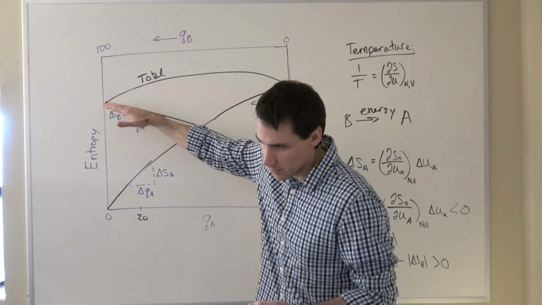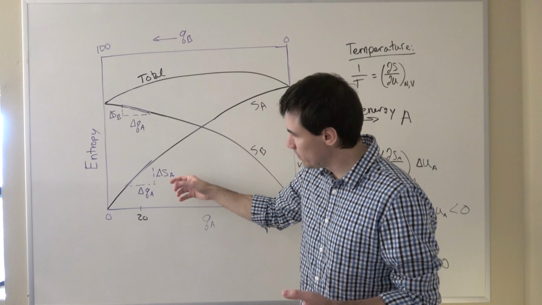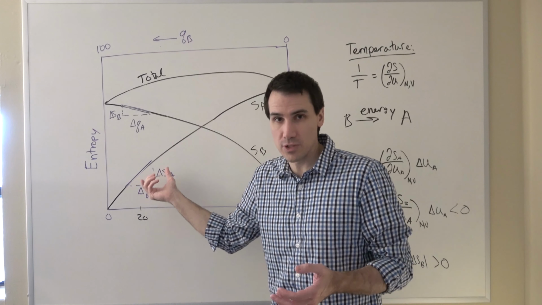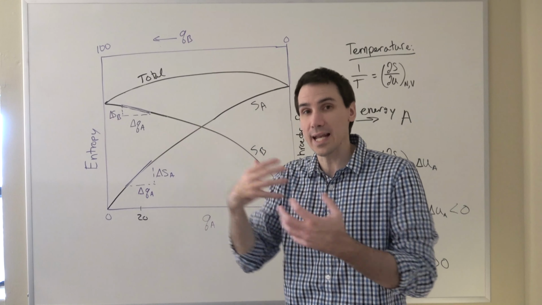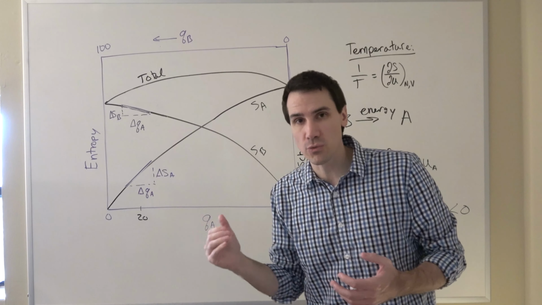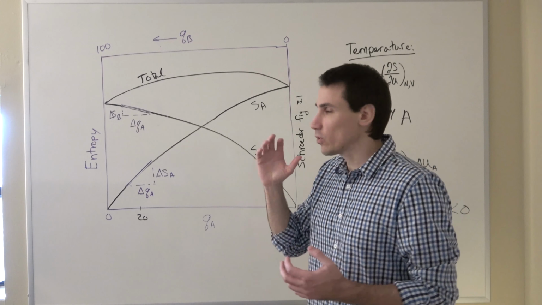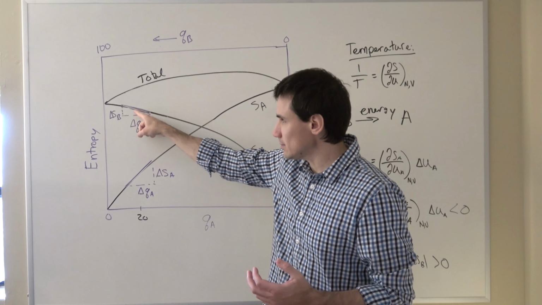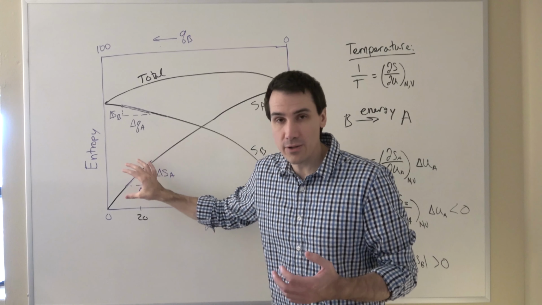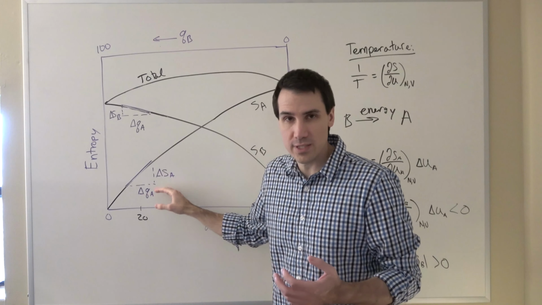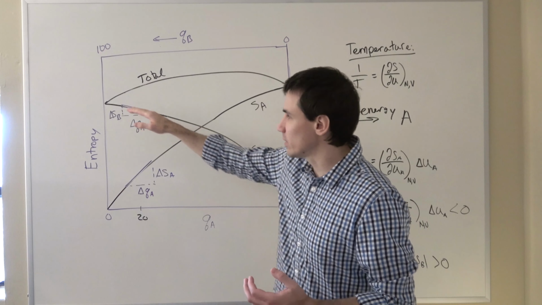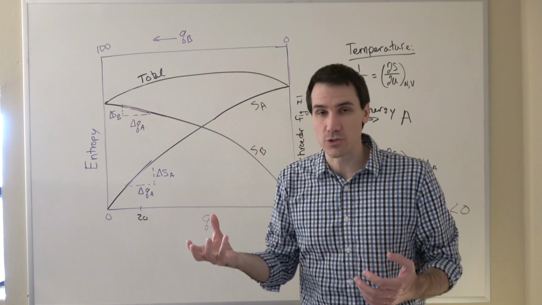That means you are a hot, high temperature object. If you are a steep slope here, you are a cold, low temperature object that tends to try to get energy, right? And the direction that energy will tend to flow will always depend on the difference between these two slopes. The object with the higher slope of its entropy versus energy graph will tend to gain energy, and the object with the shallower slope will tend to lose energy.